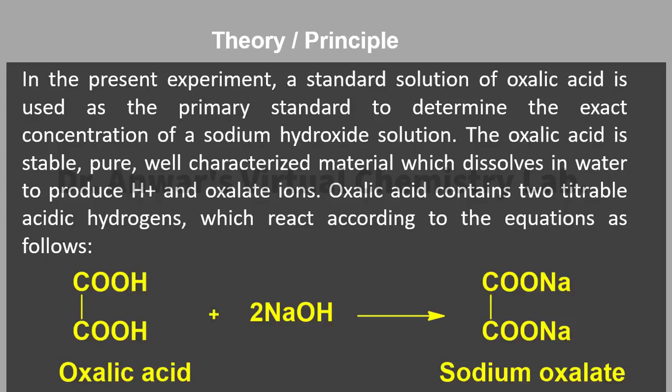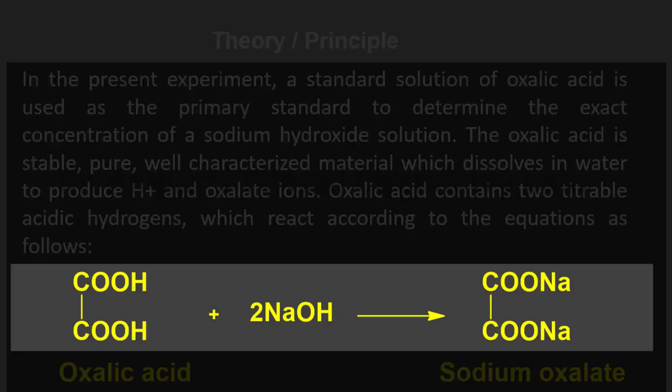Oxalic acid contains two titrable acidic hydrogens, which react according to the following equations. This is a weak acid strong base type of reaction, in which 2 moles of sodium hydroxide are required to neutralize 1 mole of oxalic acid.